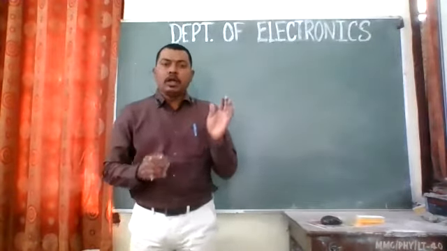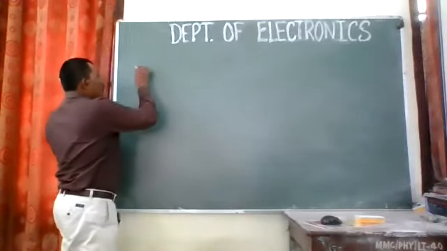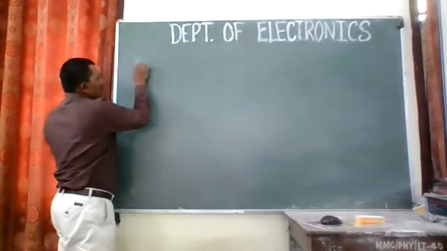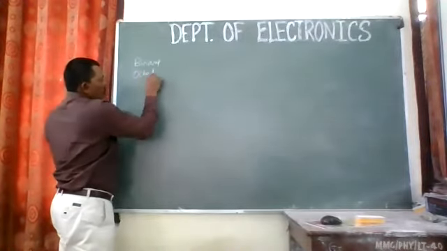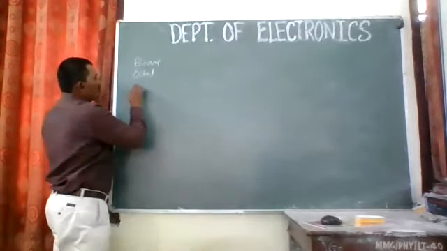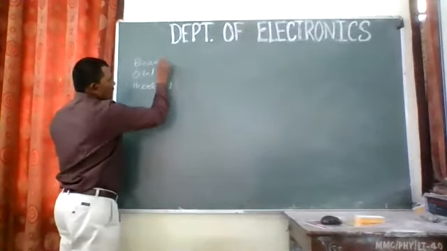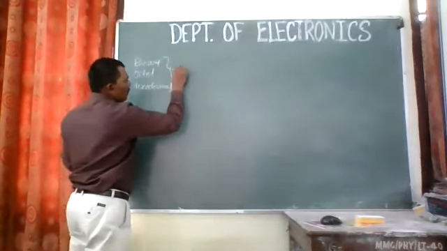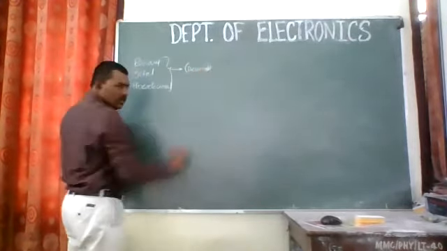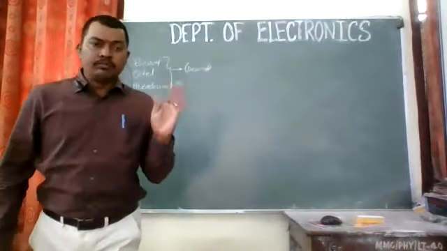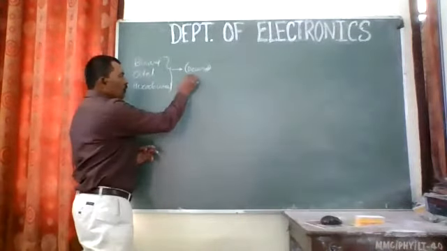We have studied how to convert the other numbers, that is binary, octal, hexadecimal, into the decimal number system. We studied this in the last class. Today we are going to convert the other way.